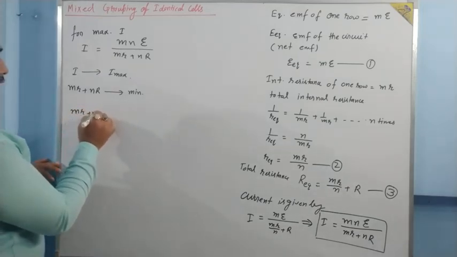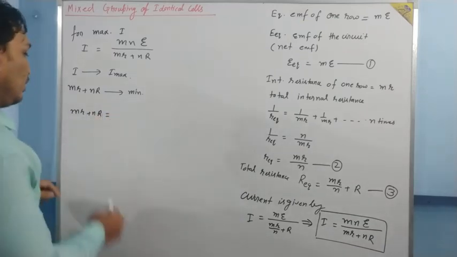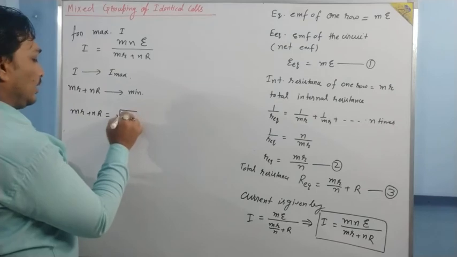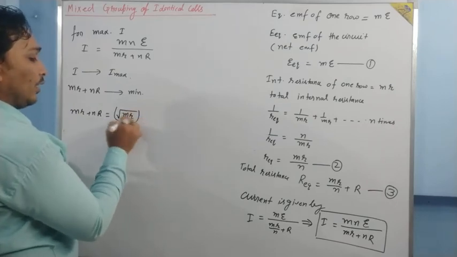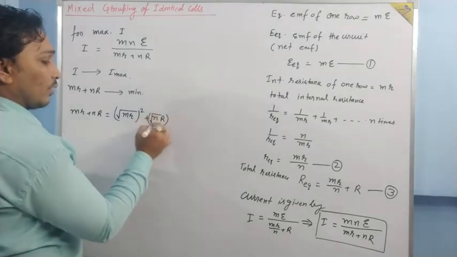mr plus n capital R can also be written, as a mathematical analogy I am going to use, as root mr whole square plus root nR whole square.